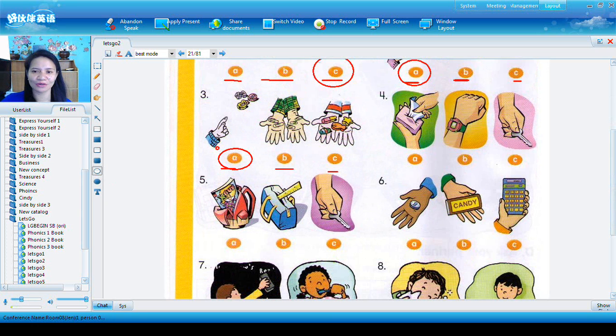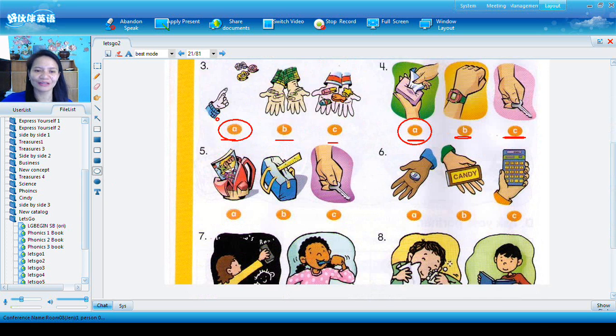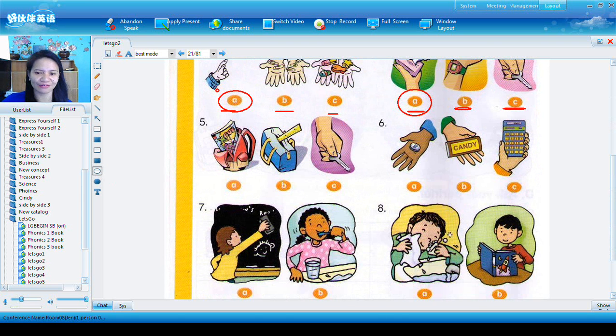Which picture shows a tissue? Tissue. Picture A, B, or C? Yes, it's picture A.